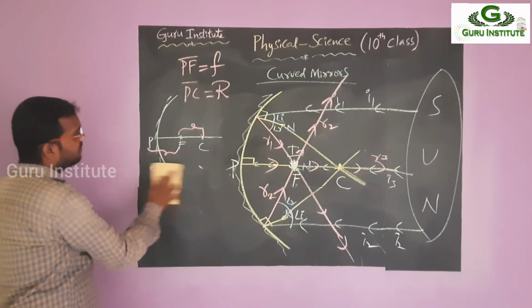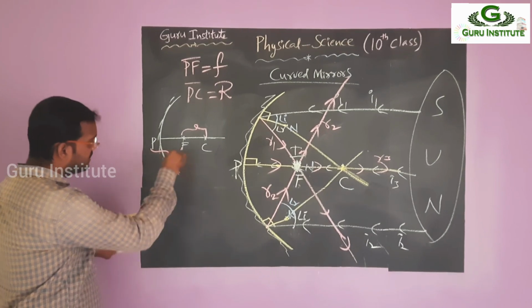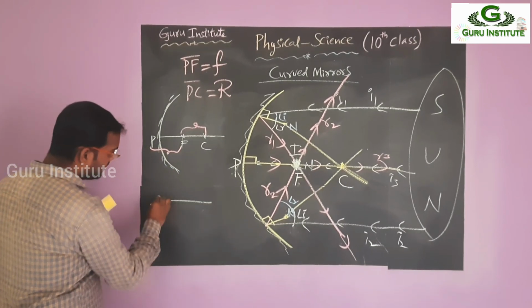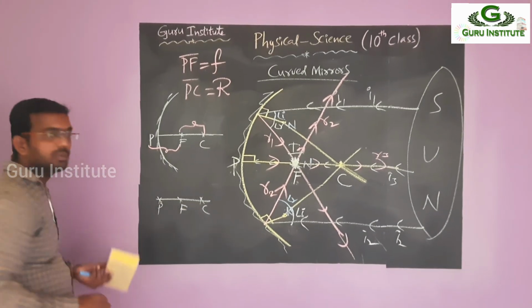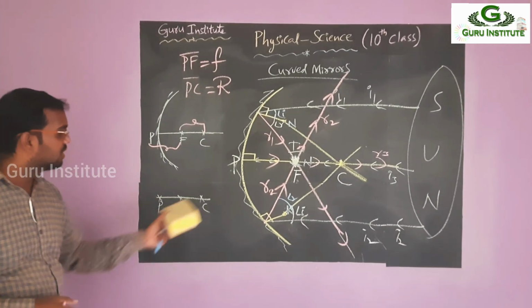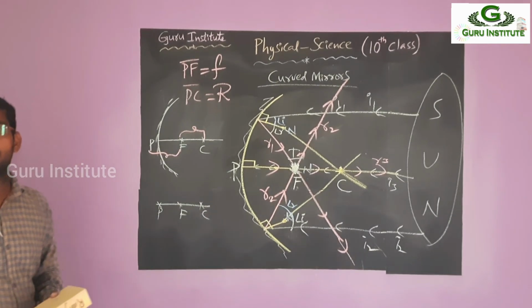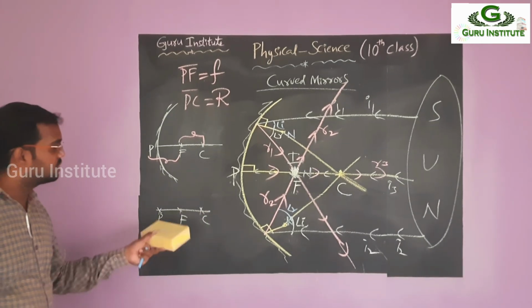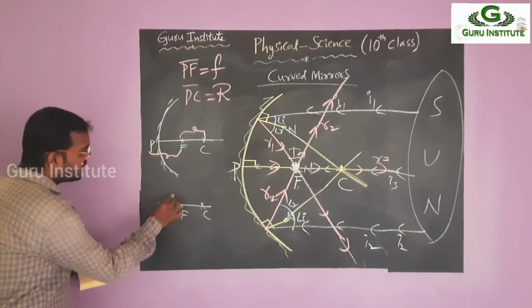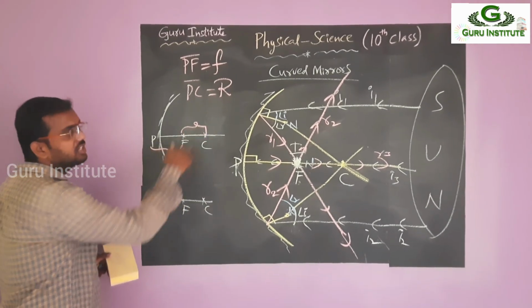From this, what can we write? See here. According to mathematics, I am taking PC as a line segment, and this is the midpoint. Then PF plus FC is equal to PC. Right? So PF is equal to FC, both lengths are equal.